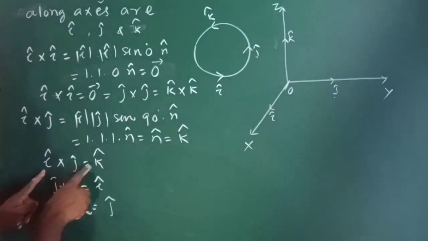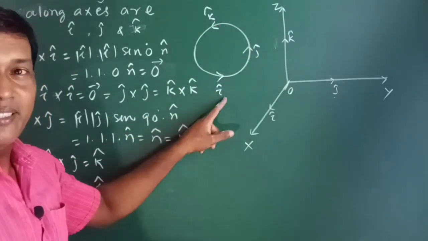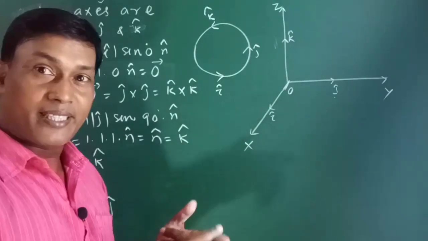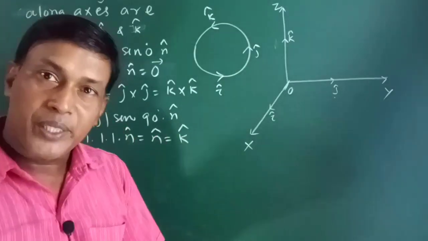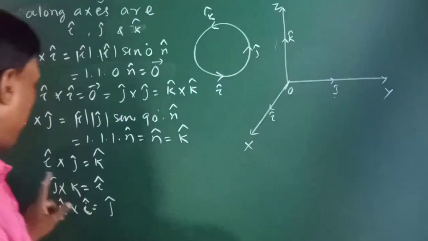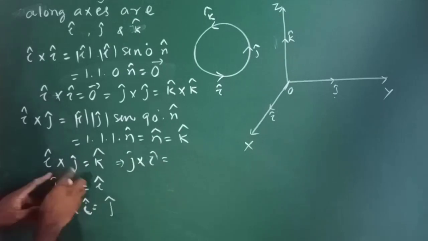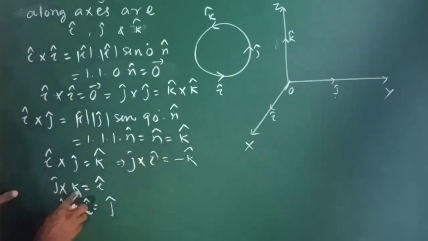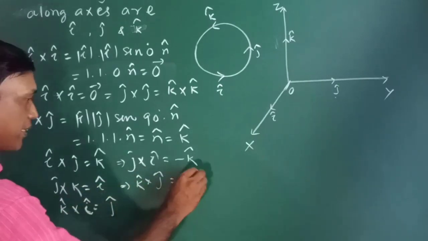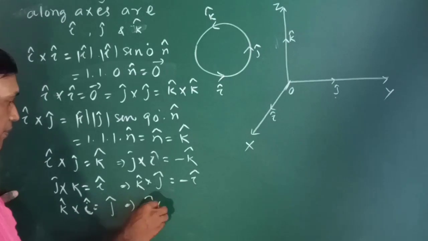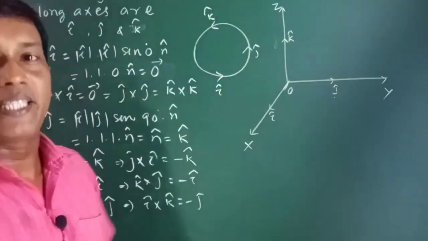But, dear students, i cross j is k. Then j cross i is minus k, because I have already said if A cross B is upward, then B cross A is downward. Same magnitude, opposite direction means negative vector. So if i cross j is k, then j cross i is minus k, k cross j is minus i, and i cross k is minus j, because they will be in opposite direction.